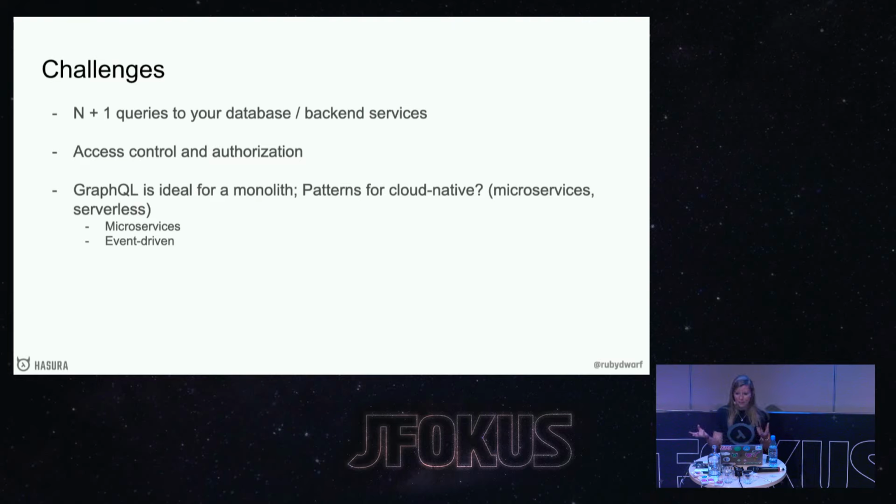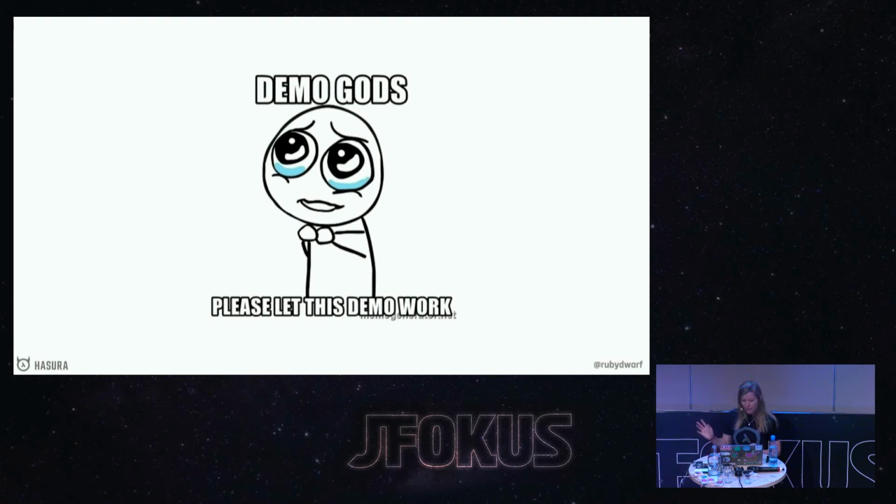So these microservices need to be able to talk to each other somehow, and they need to share types, because if I have a microservice and you have a microservice, I need to get some data from your microservice too, or I need to somehow bring them together. So this is also something that we have to think about, and I will come back to this later in the talk. Okay, enough talk.